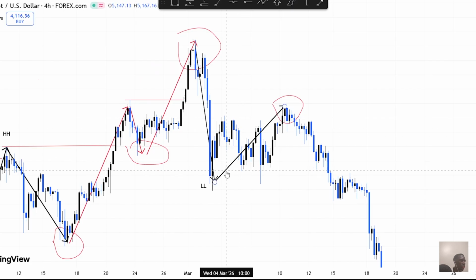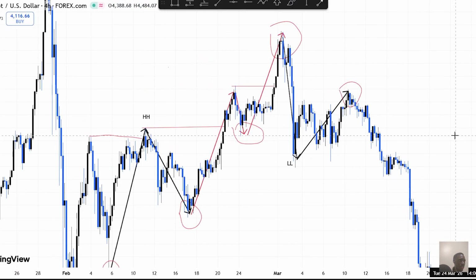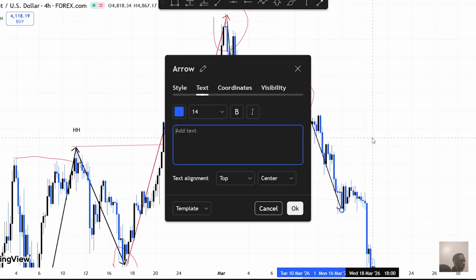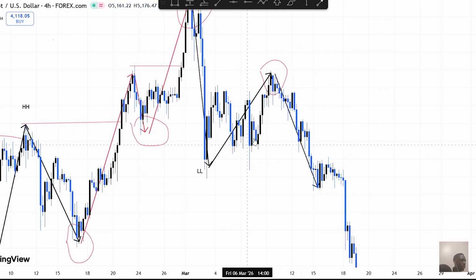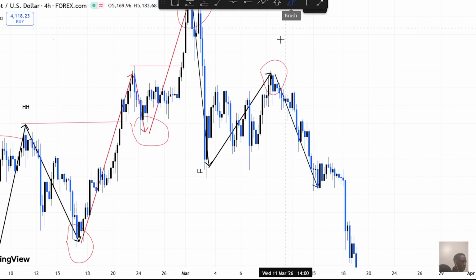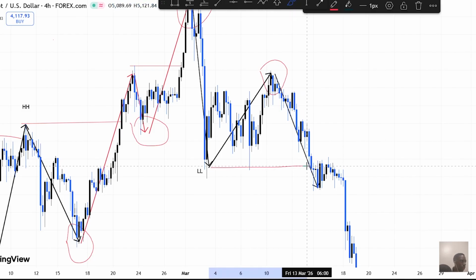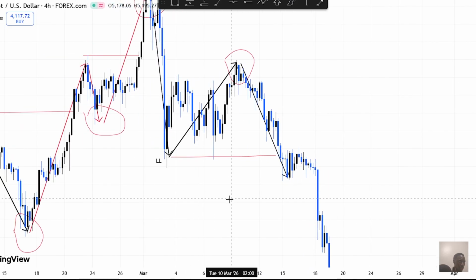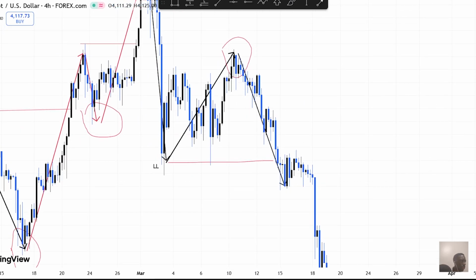As you can see, this is our correction, it doesn't take out this high, and then gives us another impulse to the downside, breaking this lower low. So we're still considering it as our impulse.